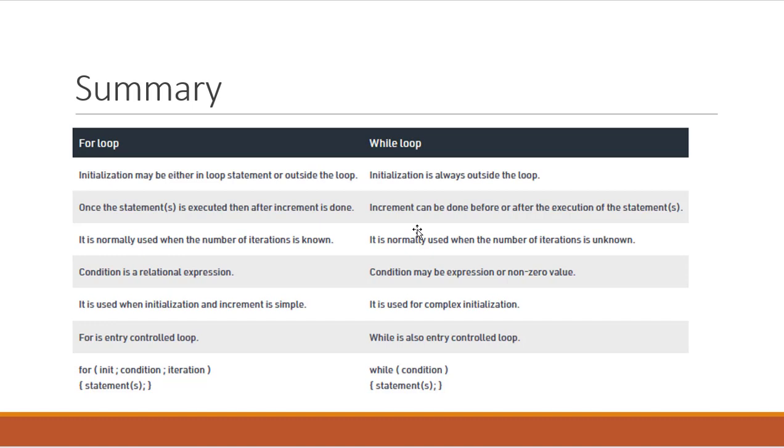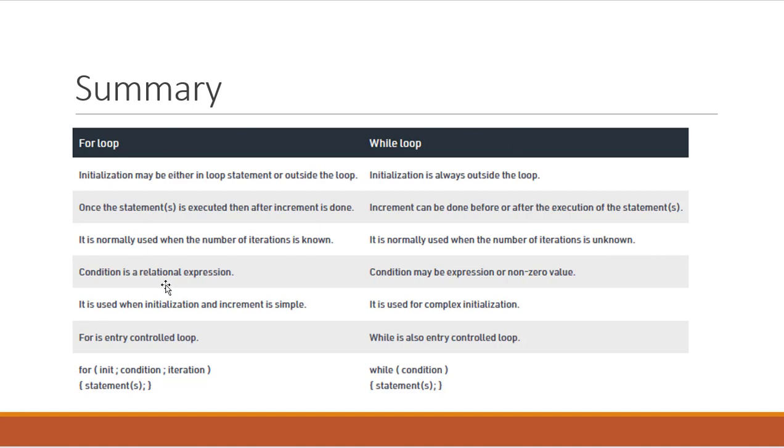Whereas in a while loop, increment can be done before or after the execution of the statement. A for loop is normally used when the number of iterations is known. A while loop is normally used when the number of iterations is unknown.